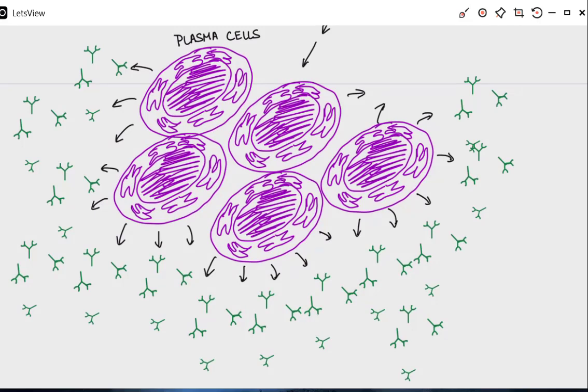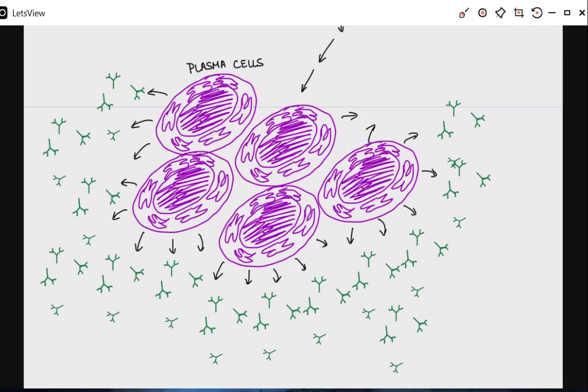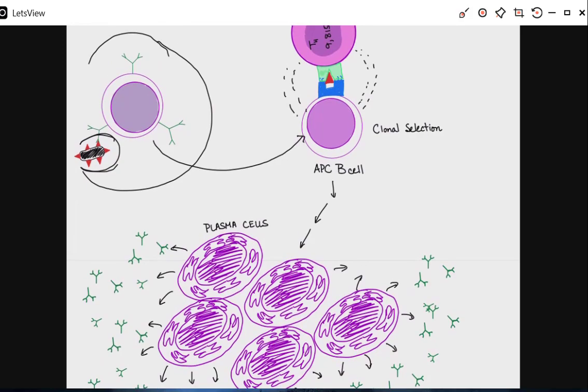Okay, so plasma cells are the antibody secreting factory. They themselves are no longer displaying their antibodies, and they're not really doing anything except making and secreting a whole bunch of antibodies into the bloodstream, which is then going to go to all the extracellular tissues.